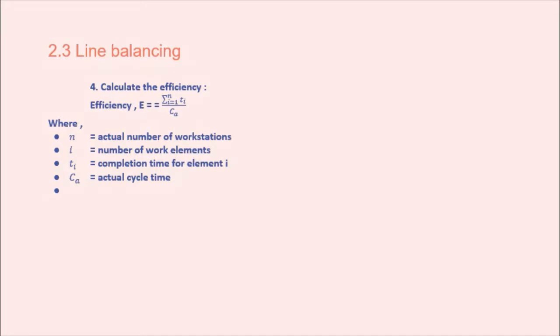It is similar to the formula for the minimum number of workstations, but the difference is here. For the minimum number of workstations, here will be the desired cycle time, while for the efficiency, here will be the actual cycle time. So that's all from me. Thank you.